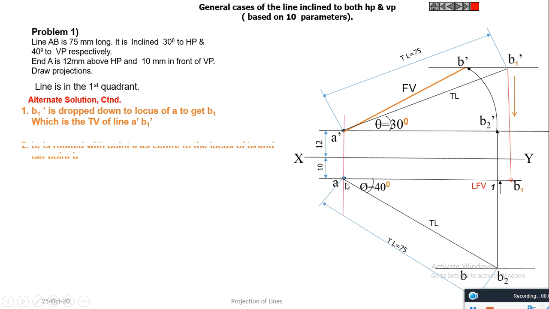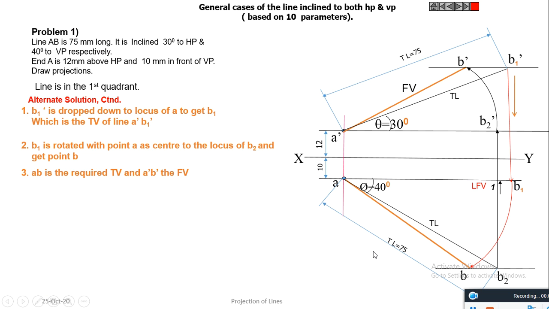Now draw an arc by taking A as center and A B1 as radius to cut the locus of B2 at B. Join AB, which is the required top view. If all these are correct, we get B dash and B on a straight line. This is the alternate method of drawing the projections.